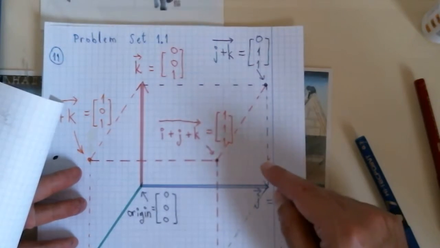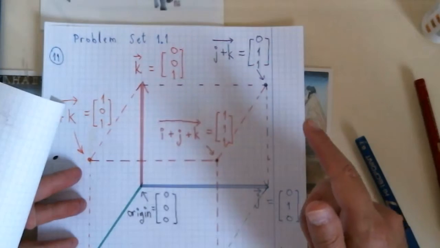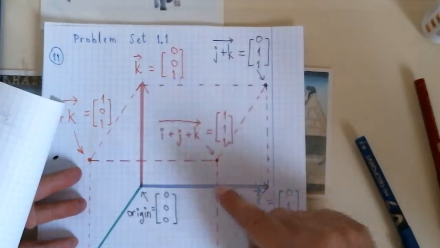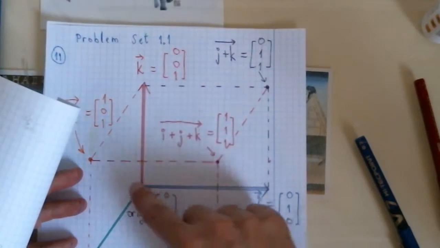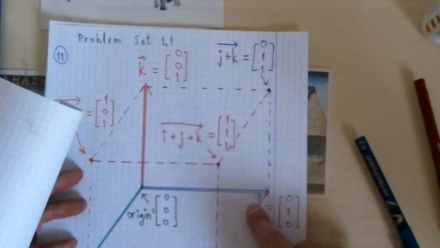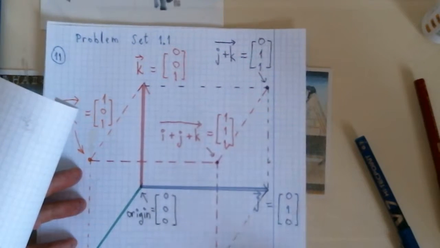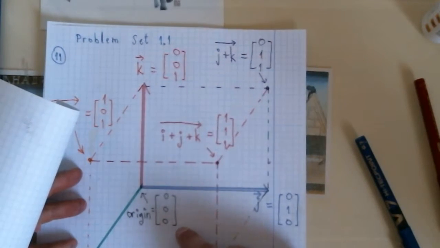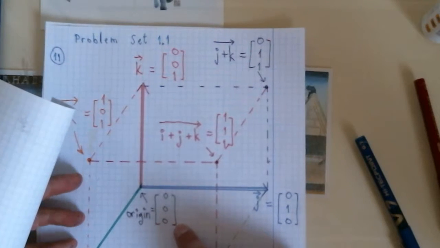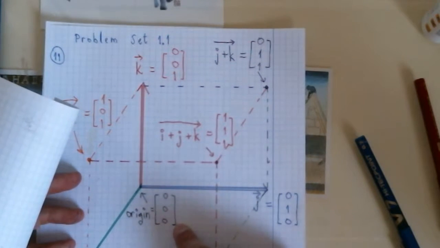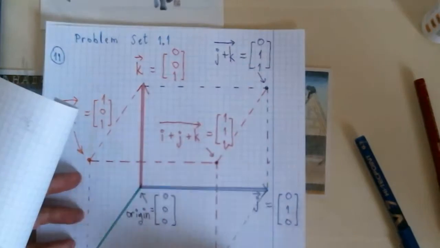For example, let's take the bottom one, i and j, what we called the light green face. If we take the middle, it's about here.